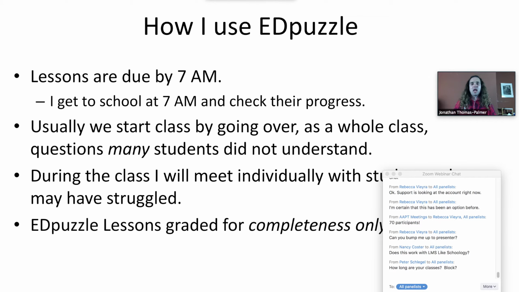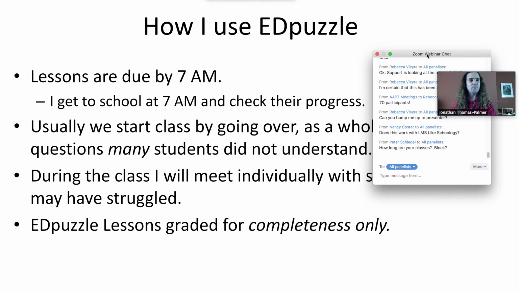So it's important, I realized this a bit after a month or two, that I grade my EDpuzzle lessons for completeness only. It's important that they feel comfortable getting it wrong, right? The whole point in the EDpuzzle lessons is for them to start learning the information.